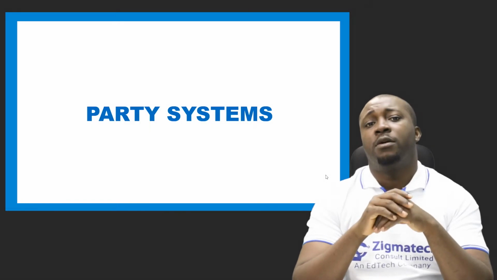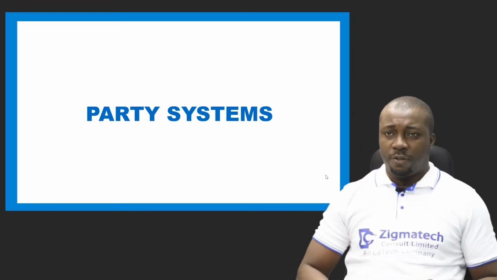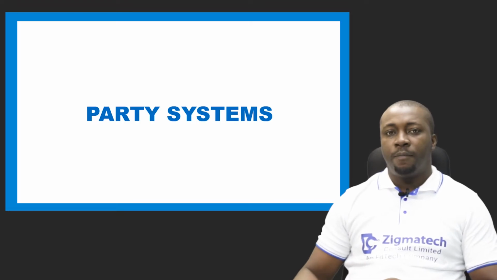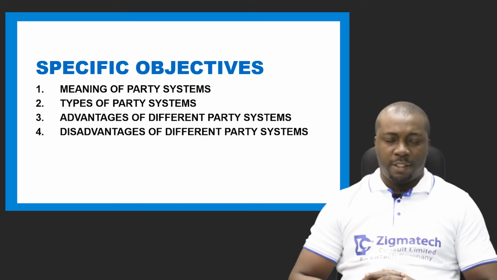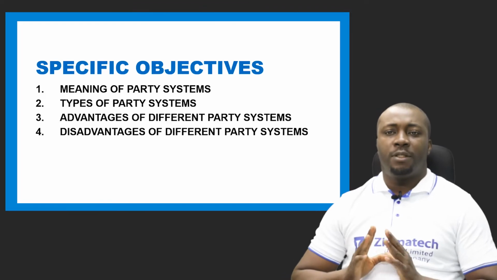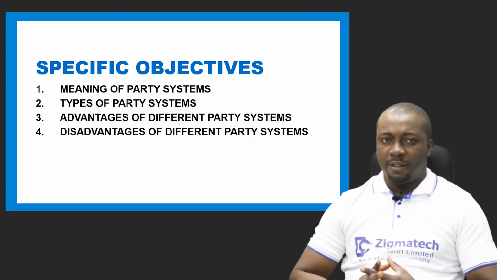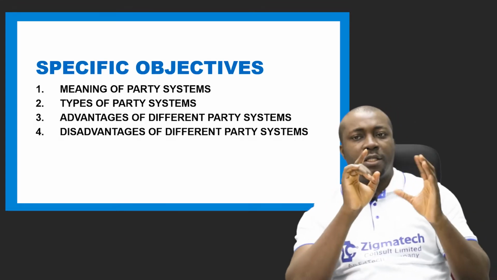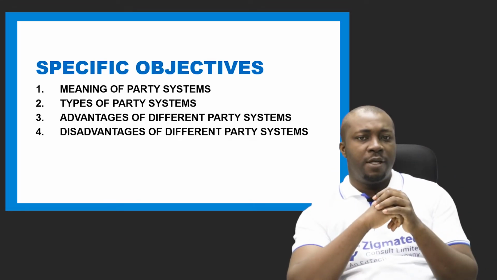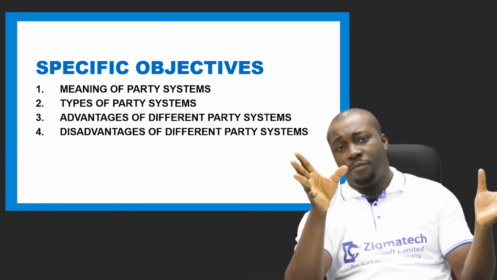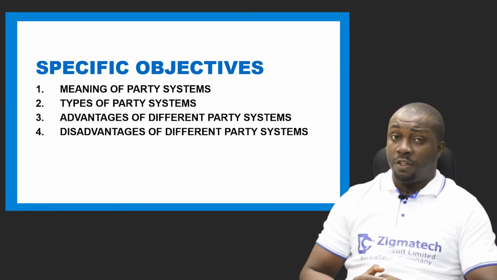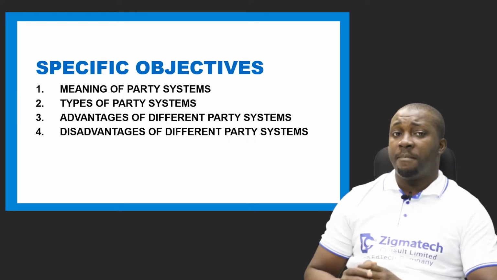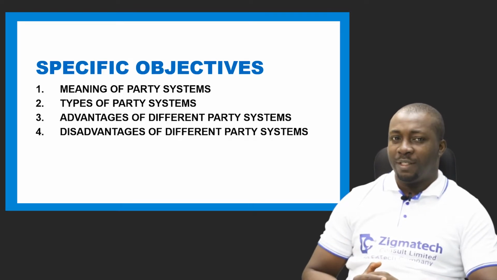So this will lead us to the topic that we want to discuss today, which we refer to as party systems. Now, by the end of this lesson, you should be able to state the meaning of party systems, what it refers to, discuss the types of party systems that we can observe in different political systems, and from this you should be able to know the type of party system practiced in your political system.